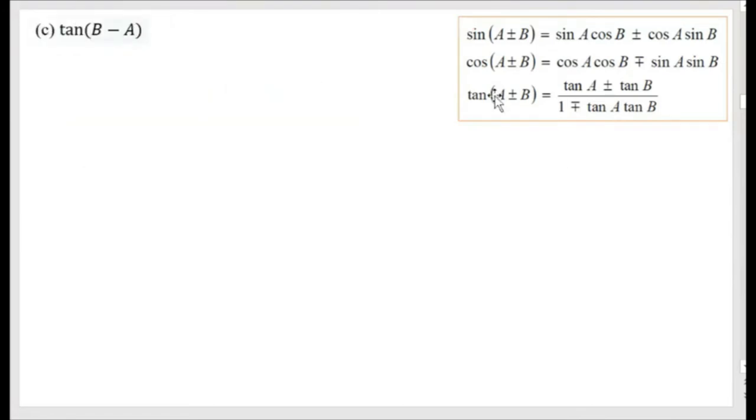Then how about tangent? Do the same thing, the routine only. So tangent B, this one, negative. So negative, negative, positive.